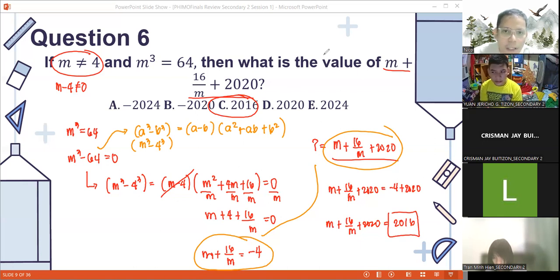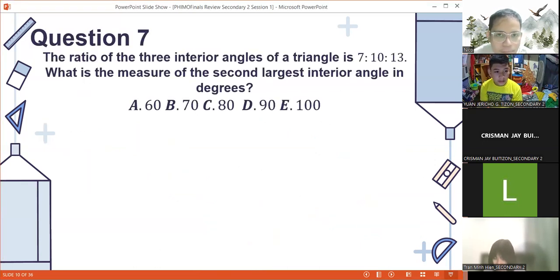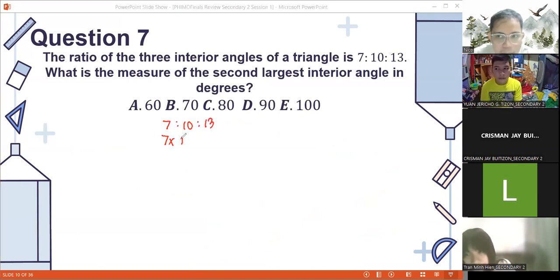Okay, I hope you're done copying. Let's proceed with the next question, which is number 7. Okay, this one is very easy. The three interior angles of the triangle are in the ratio 7 to 10 to 13. So 7x plus 10x plus 13x equal to 180.